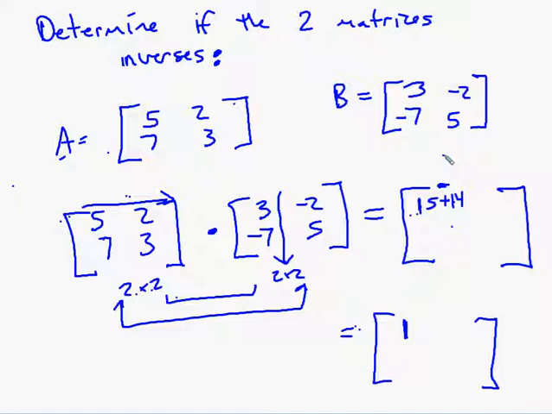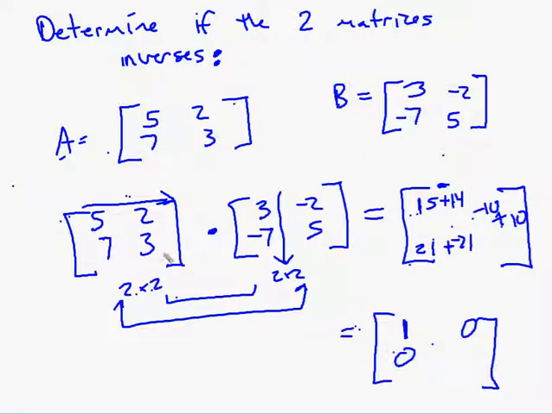The next one, row 1 times column 2. So that's going to be -10 plus 10. So 0. The next one, row 2 times column 1, that should be 21 plus -21. So that's 0.